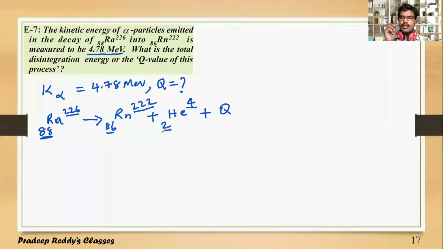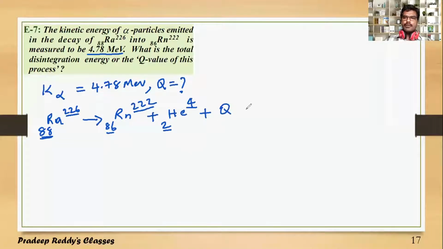Whenever you write a nuclear reaction, take care that the atomic number on the left hand side should be equal to the atomic number on the right hand side of all the constituent split nuclei. Likewise the mass number also. And Q value is the amount of energy released in this process.